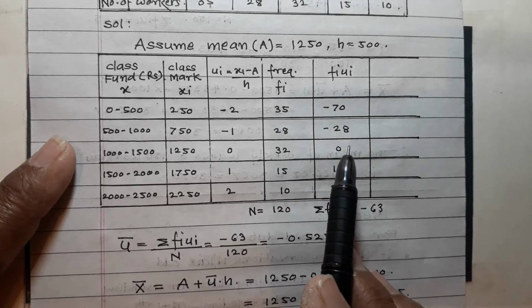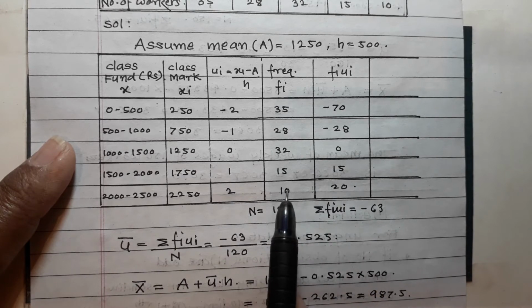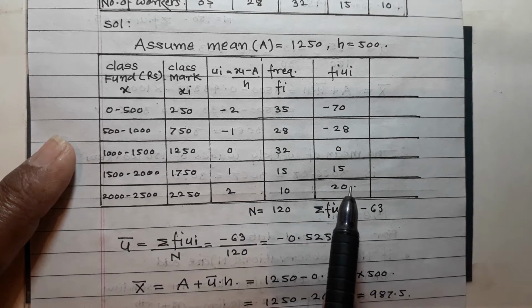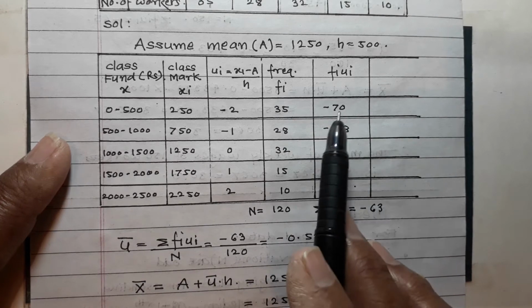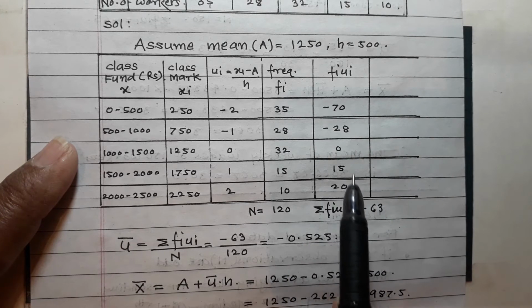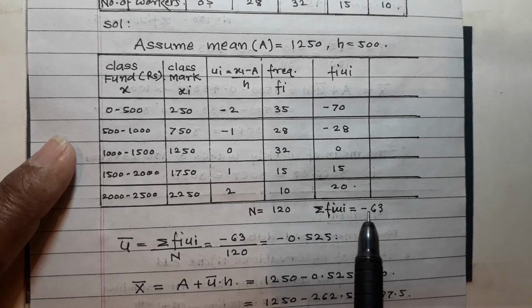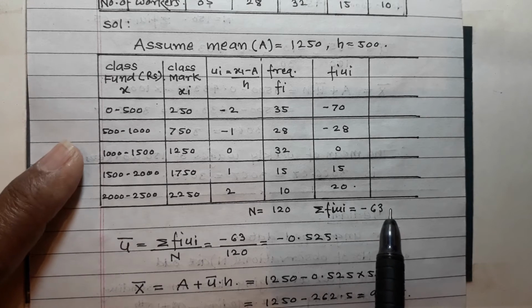This into this is equal to 0. 15 into 1 is equal to 15. 10 into 2 is equal to 20. Add all these. So here negative is greater, so this plus this is less than this, and therefore your sigma fiui is negative 63.